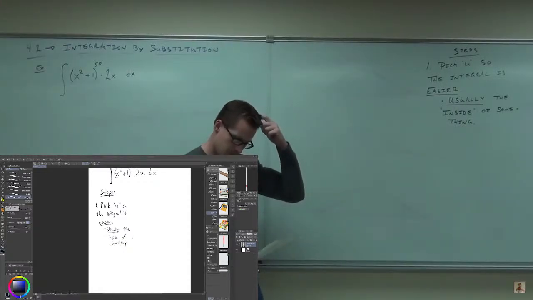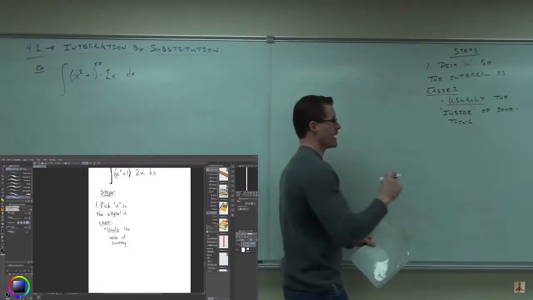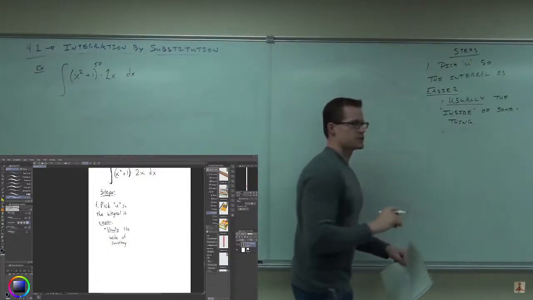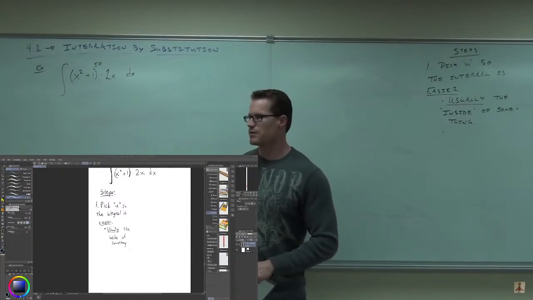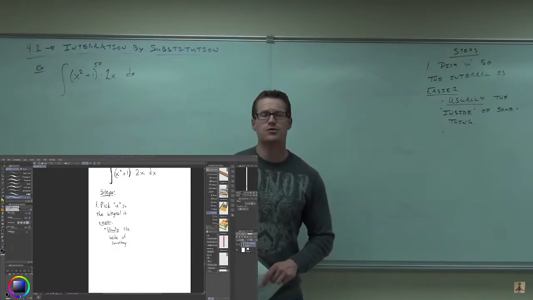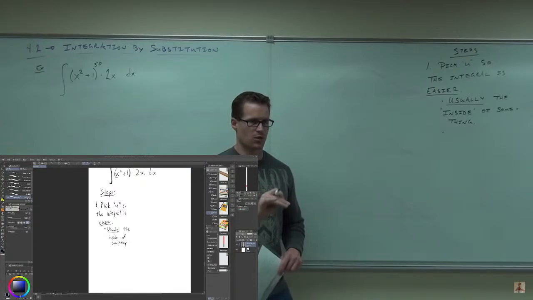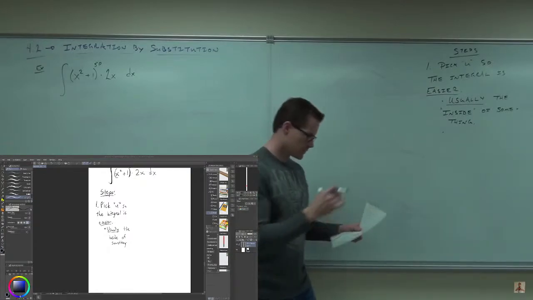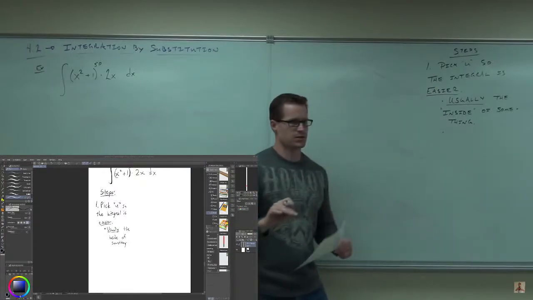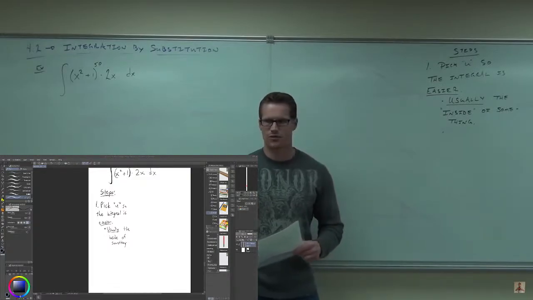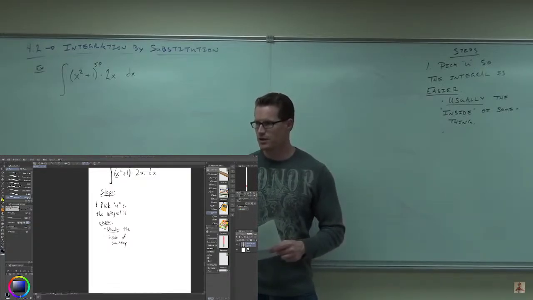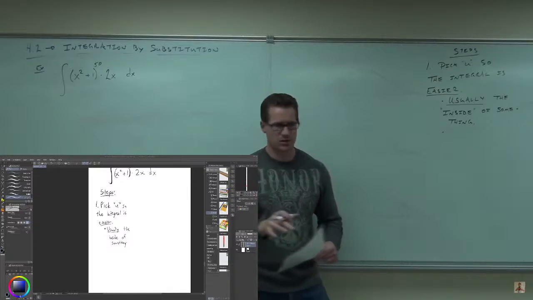And here's a must-have. The derivative of your U is somewhere in your integral already, okay? Disregarding constants. The constants don't matter. I'll teach you how to do stuff without constants. But the derivative, as far as the x's go, must be in the integral.